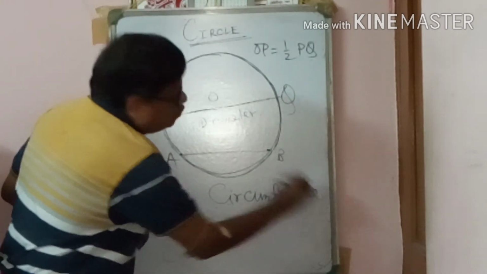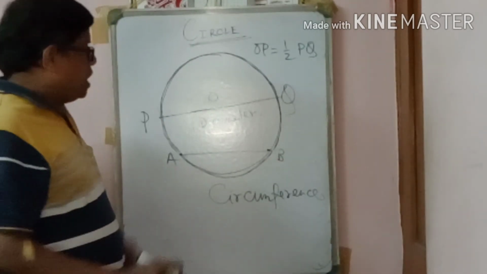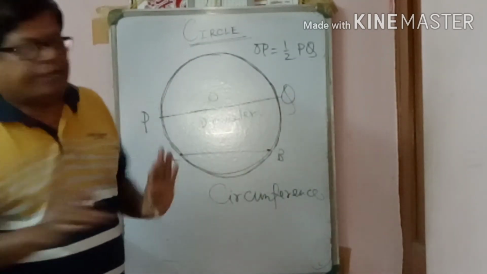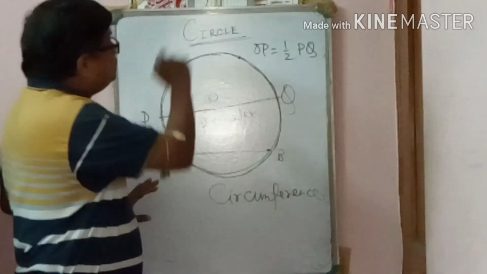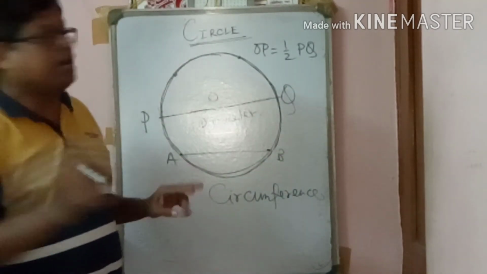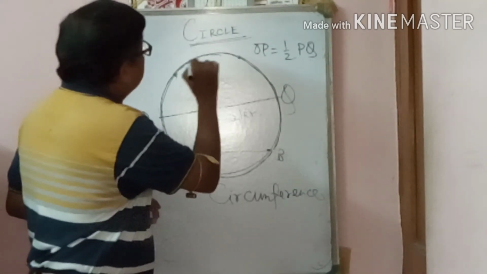Now, if we take any part of the circumference, suppose one arc is there, it's called an arc. So this is an arc.